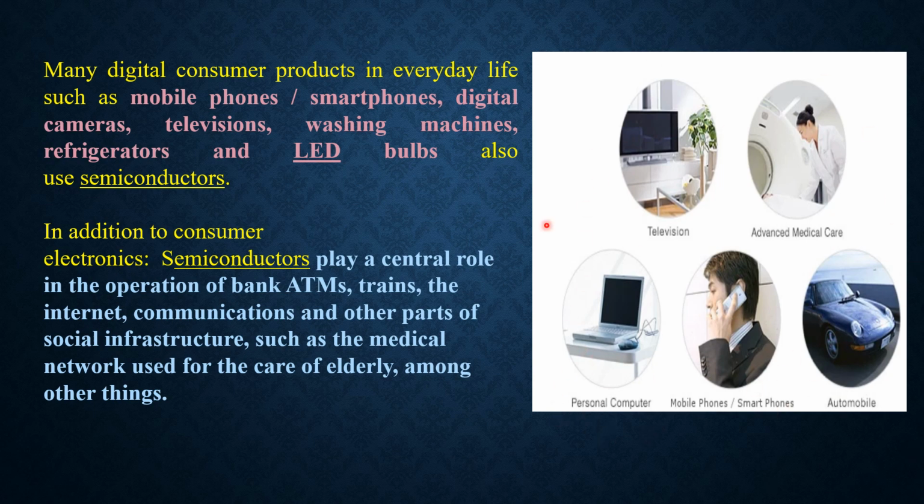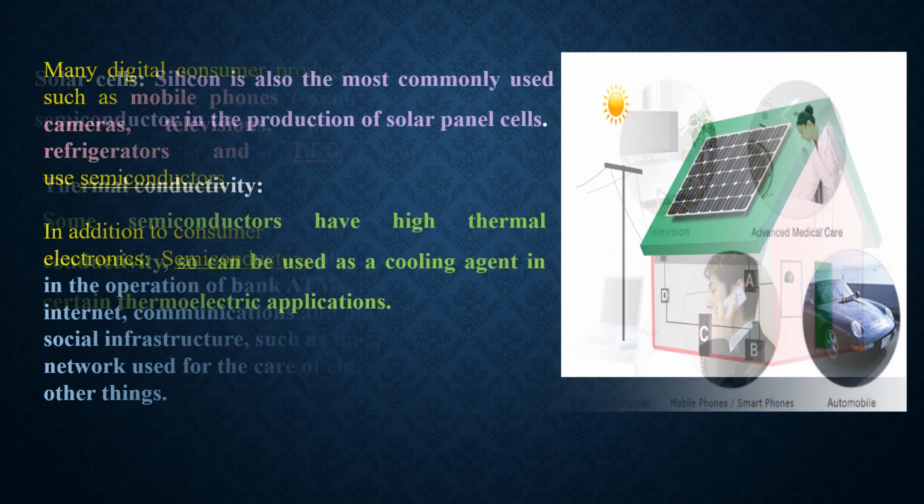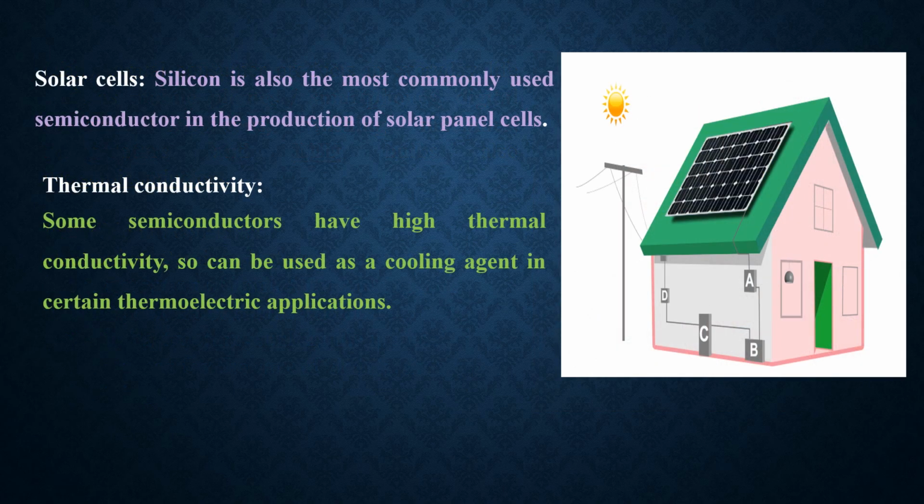These are the specific areas where you can see the use of semiconductors in various fields. Solar cells are also the most commonly used semiconductor application, for the production of solar panel cells. Some semiconductors possess high thermal conductivity, so they can be used as a cooling agent in certain thermoelectrical applications.